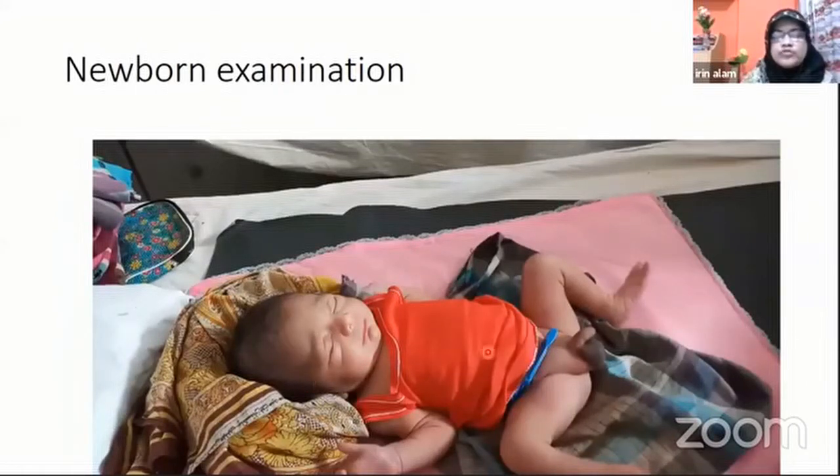Examination of the newborn, you have to look at the baby's color, and you have to measure the occipitofrontal circumference, baby's length and weight, and you have to see from top to bottom whether there is any congenital anomaly, and whether respiratory rate and heart rate is normal, and you have to also see on the back side of the baby if there is any congenital anomaly, and whether testes are descended or not in case of male baby.